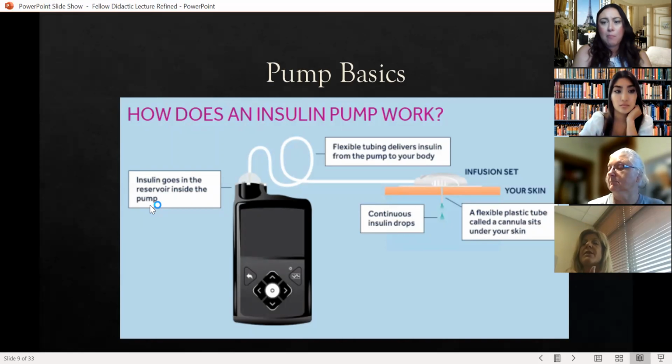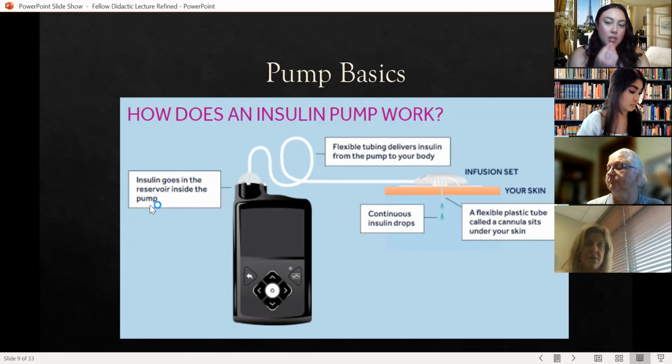One of the things about a pump is that it is deeper in the skin, so you end up using less insulin through an insulin pump because of better absorption. You'll see in another few slides how we change the actual dose.